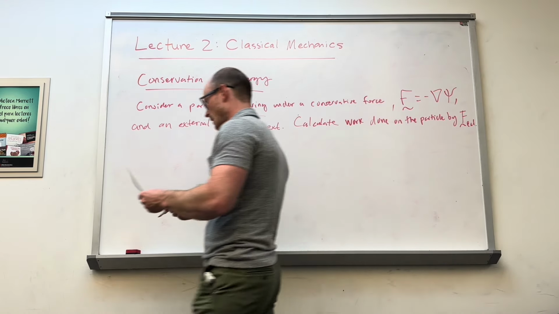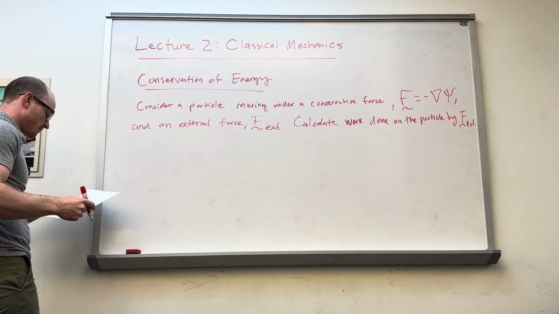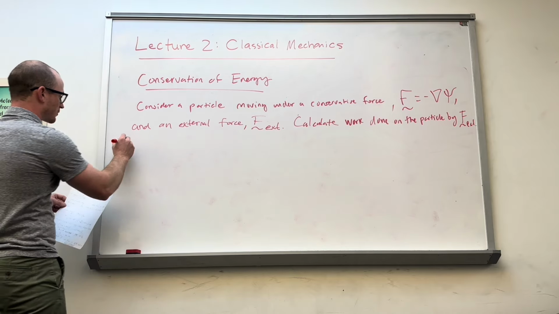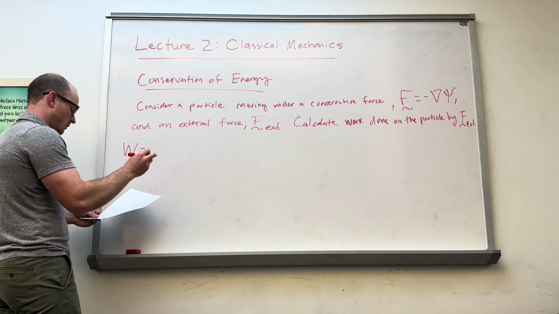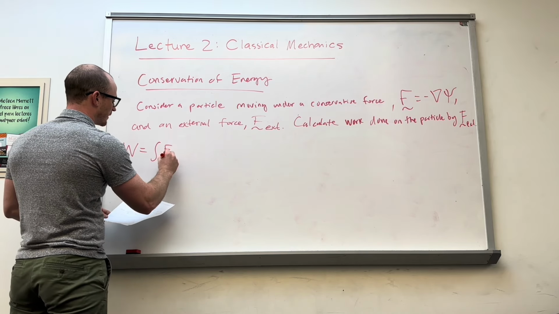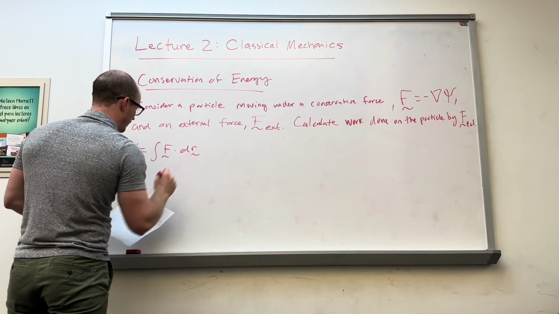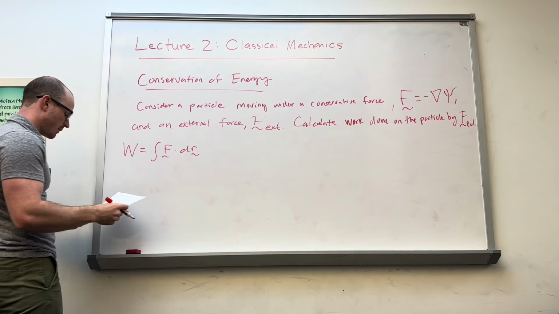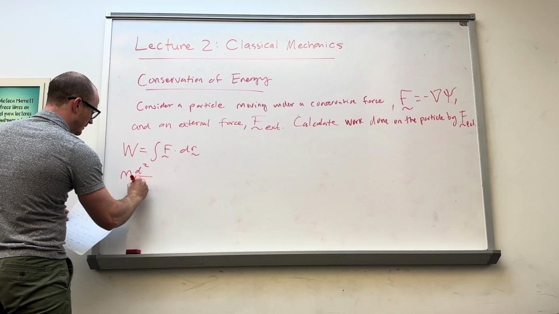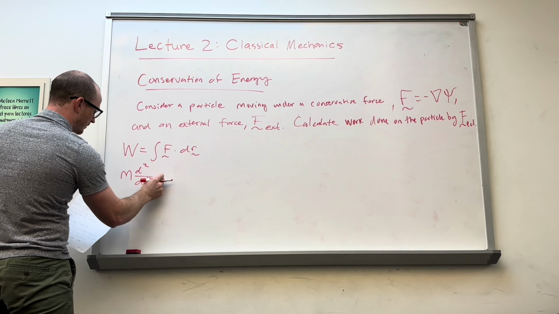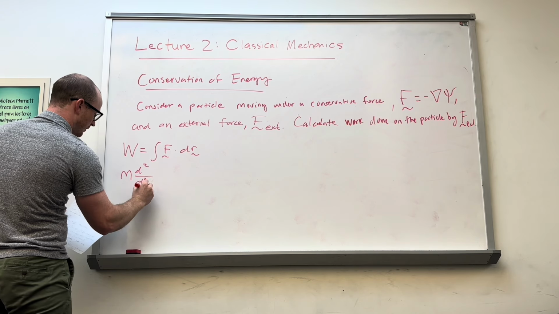All right, let's calculate it. We know the drill. The first thing we're going to do is write down what the work is. The work is the integral of F dot dr. What's F? Well, let's invoke Newton's equation of motion. We have our particle of mass m, d squared r.